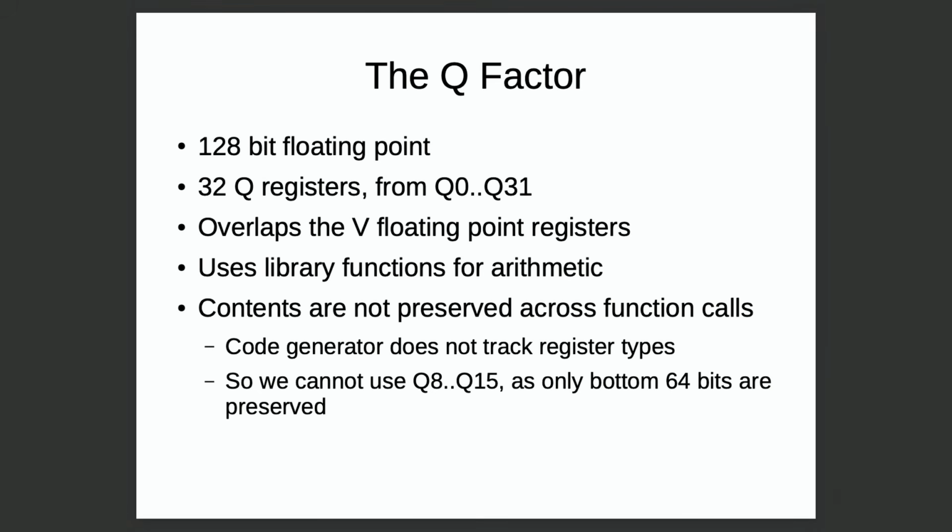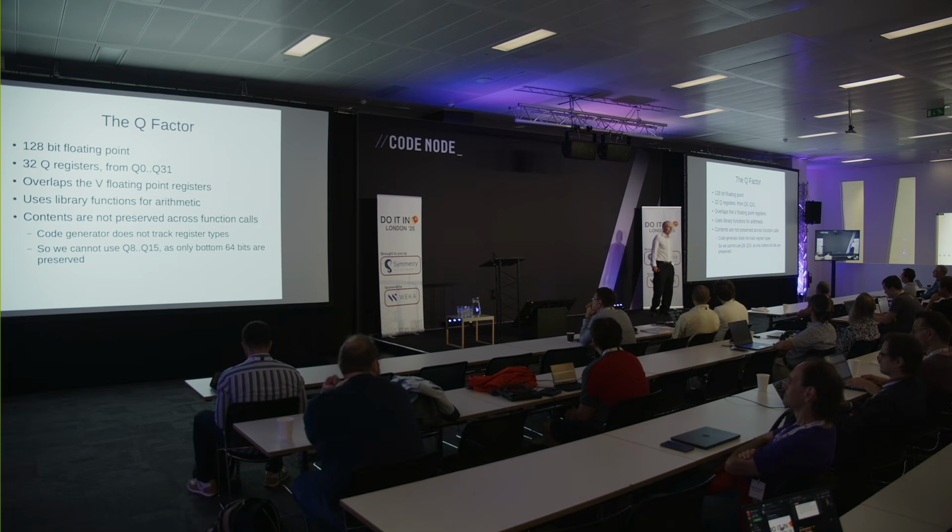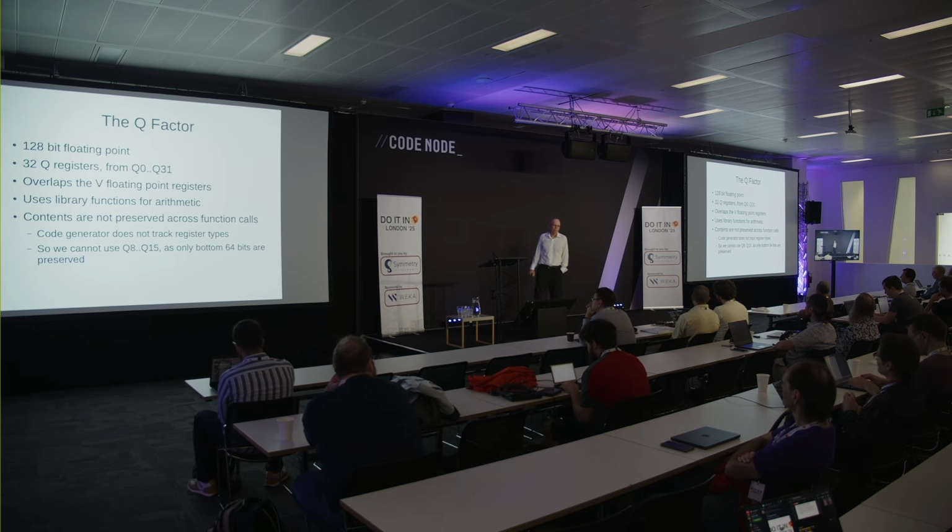So that means that every time you call a function, your Q registers are going to have the top half of it trashed. So how do I deal with that when my register mask cannot distinguish between the regular size floating point registers and the long ones?